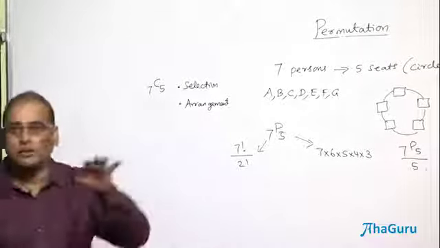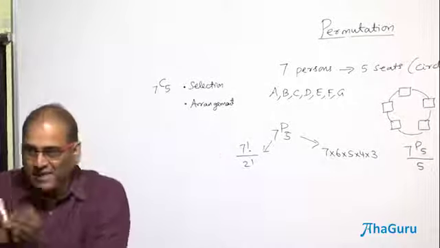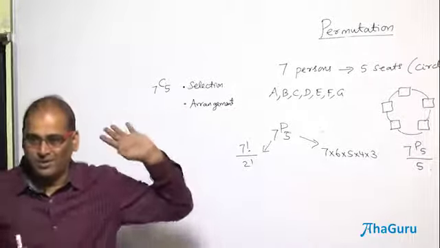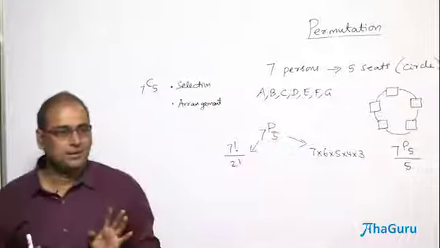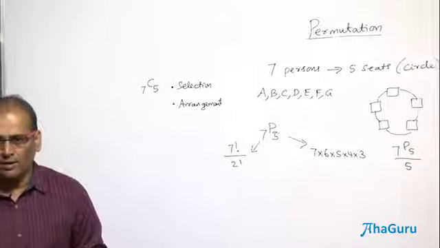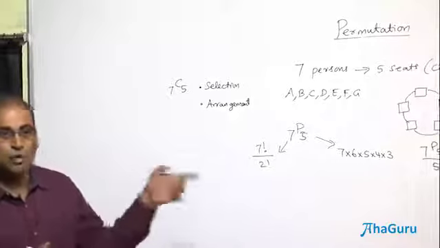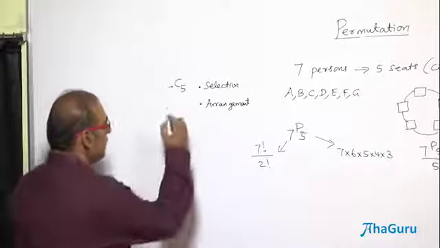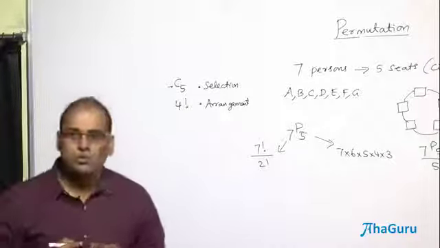Arrangement: having selected those 5, how many ways can you arrange? For each selection, how many arrangements are there? 5 persons, 5 seats. What is the number of arrangements? 5 factorial? No, 5 factorial is linear. It is 4 factorial, right? 5 versus 5, 4 factorial. And what are you going to do with these 2 counts?